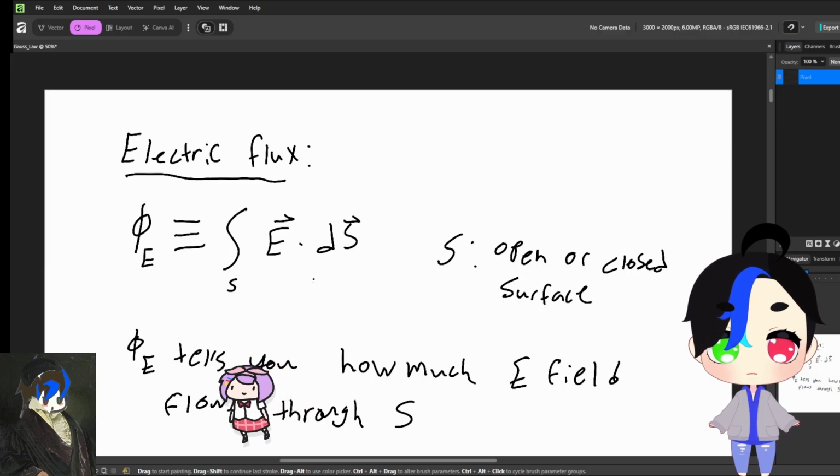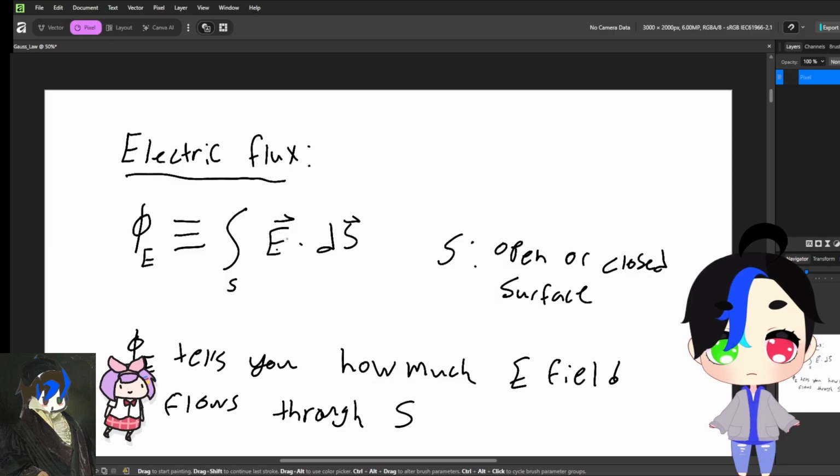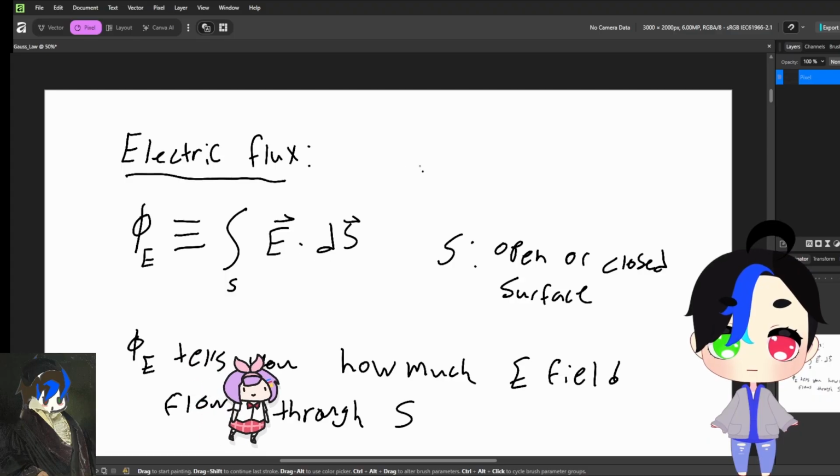For those that aren't as calculus brained, which I totally understand, what it does is it takes whatever component of your E field actually passes through a surface.